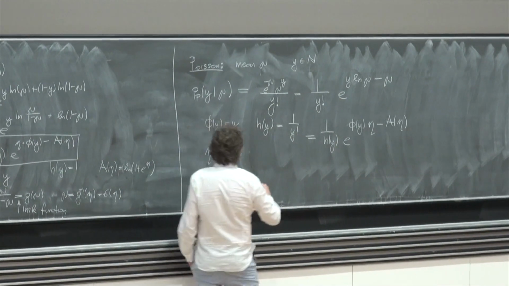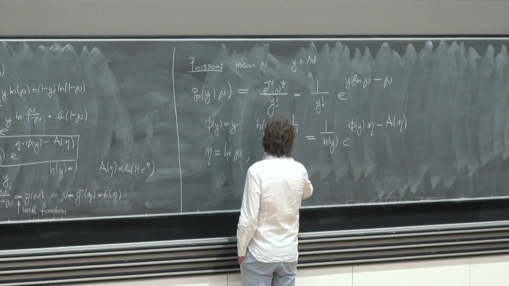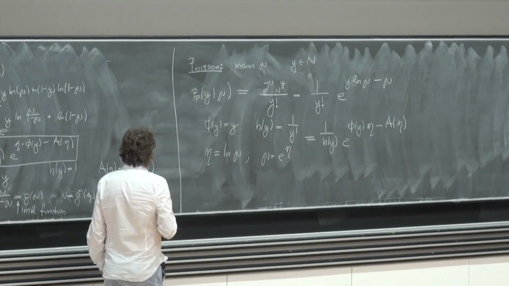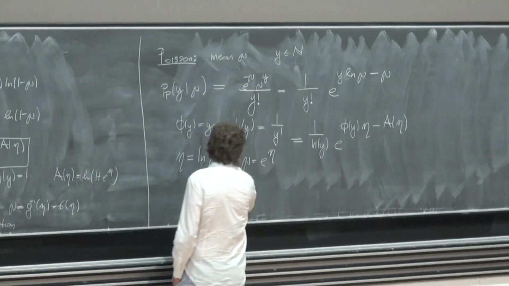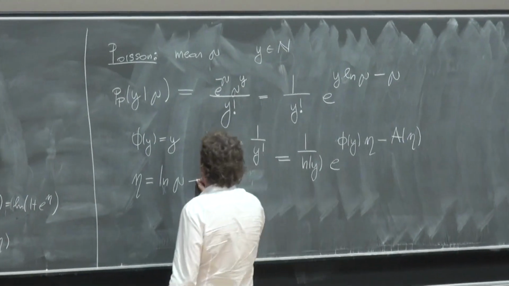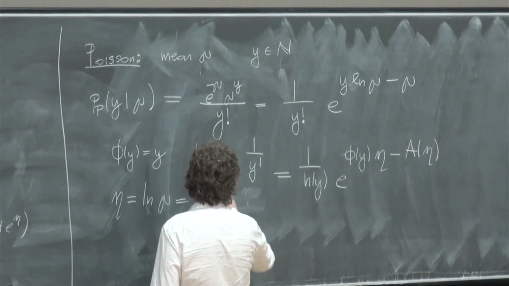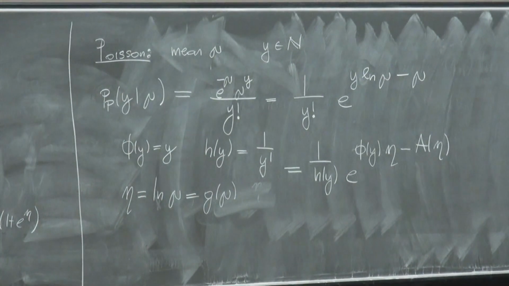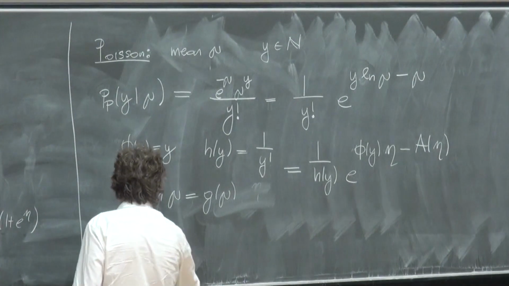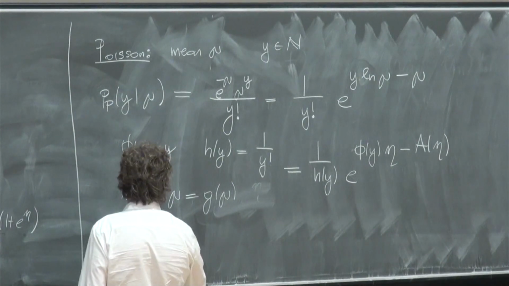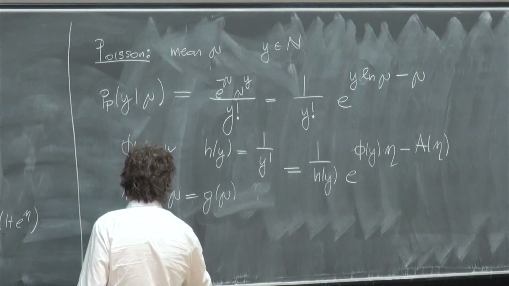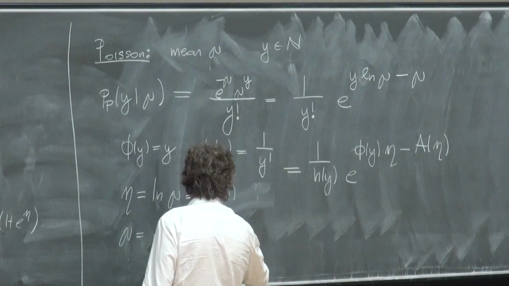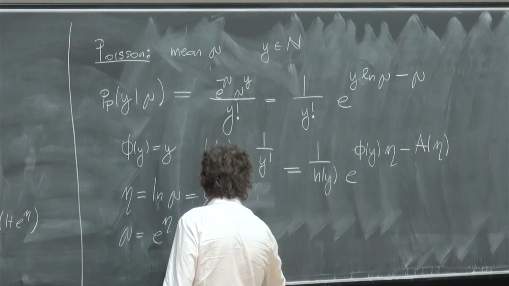And so this means that the mu is just e to the eta. That's also very simple. We have always called this the g of mu, so this is the link function. And so the inverse, mu is e to the eta, and this is g minus 1 of eta.